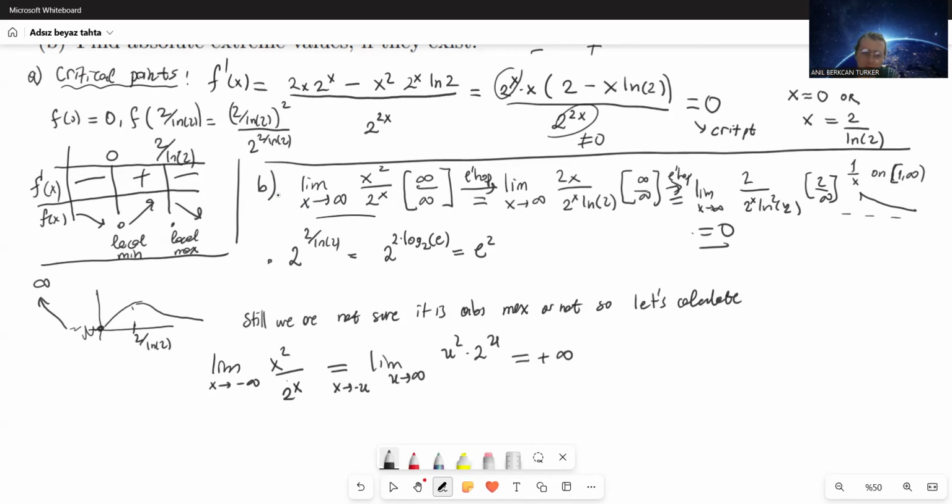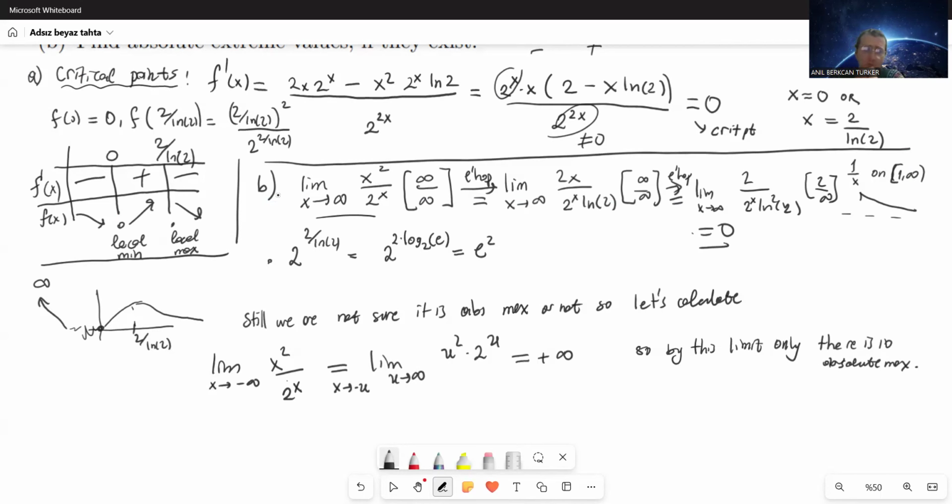So it means that there is no absolute maximum by this limit only. If your function diverges to infinity at some point or at infinity, you can say that this function has no absolute maxima.